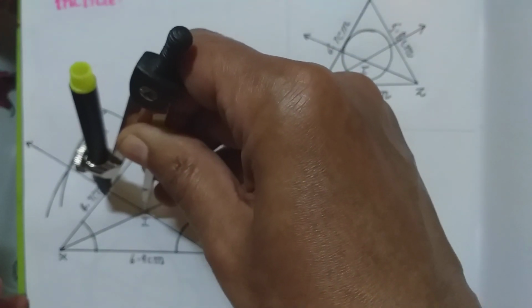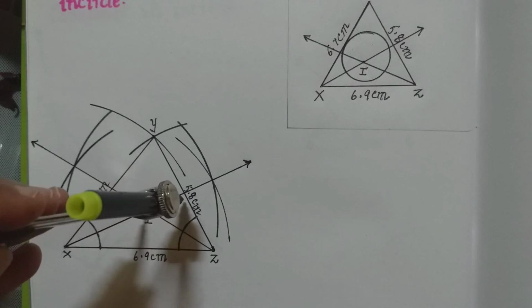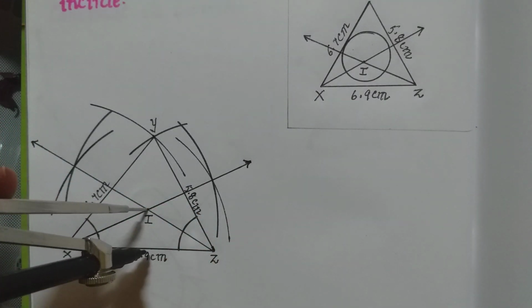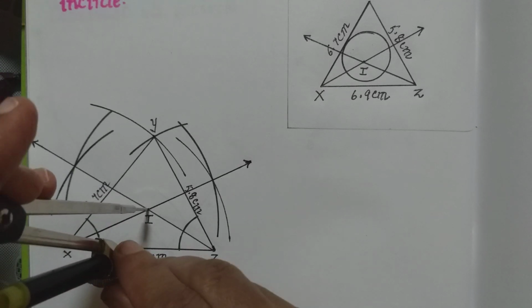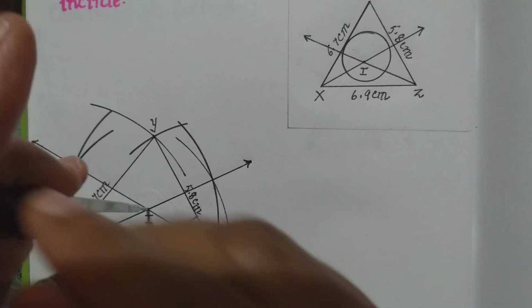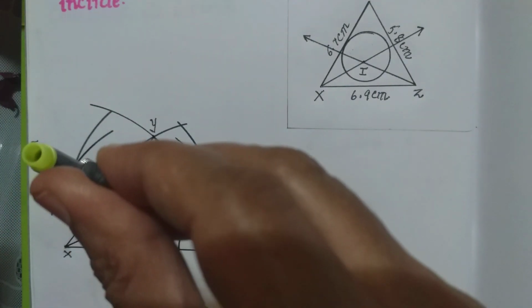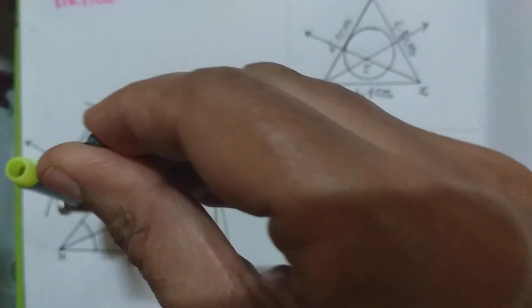So I keep on adjusting it. Here it is almost touching. Again I go to this edge and see whether it is almost touching it, and then I go to the third edge and see. When it is almost touching it, I know that it is almost touching all the three edges of the triangle, and then I draw the incircle.